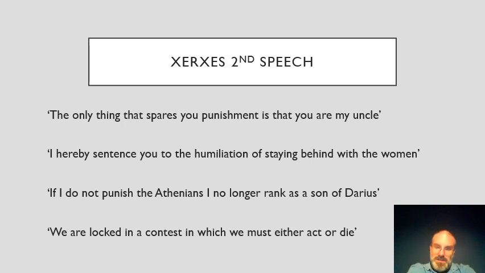But then he goes on to say something really quite interesting. "We are locked in a contest in which we must either act or die." There seems to be a kind of hint from Xerxes that he understands, at least in part, that there is this inevitable conflict between the freedom of the Greeks and the tyranny of the Persians, and these two systems cannot exist in the same place, in the same way, at the same time.